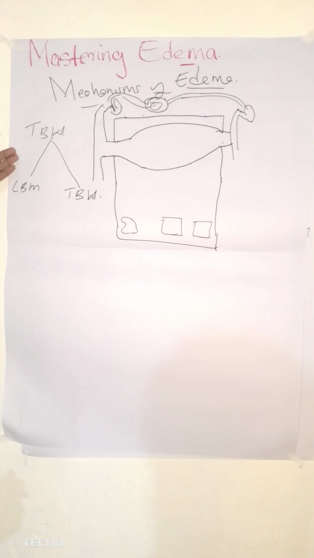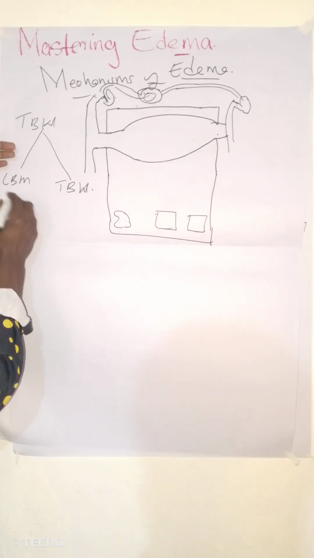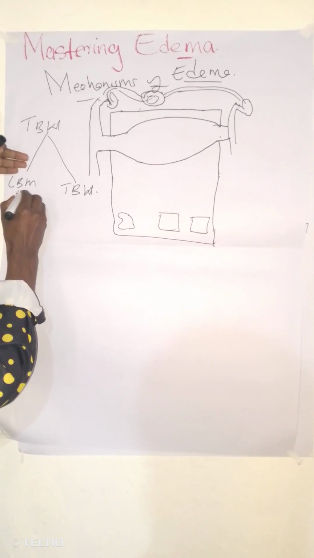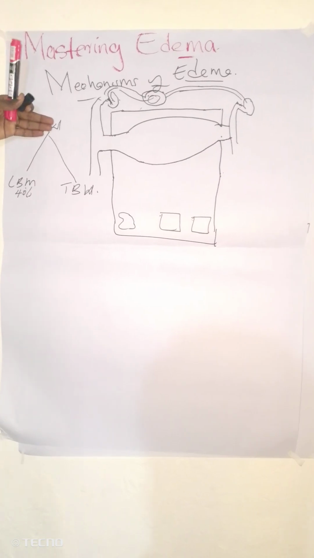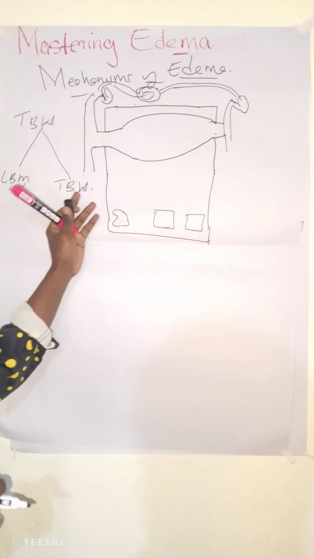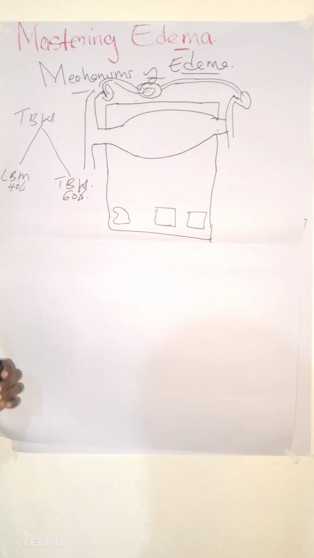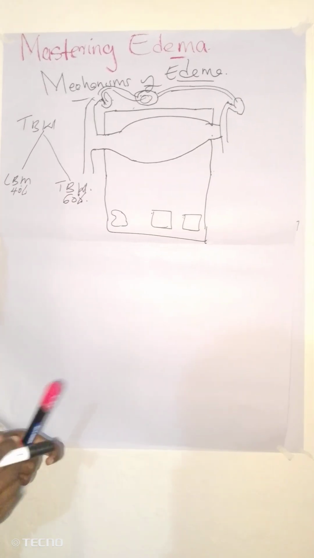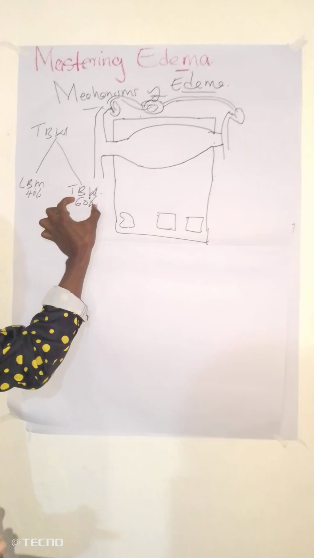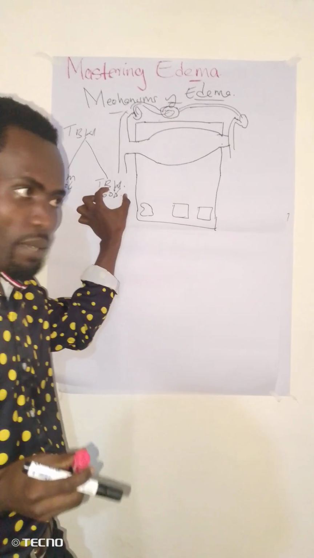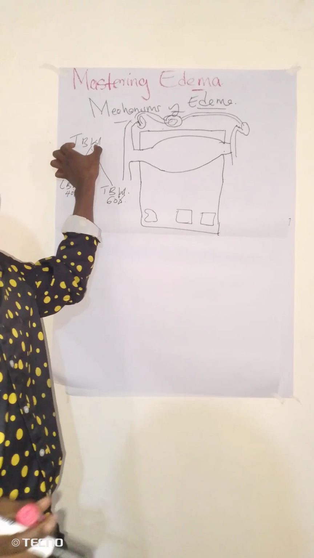The lean body mass, as we said in our first lecture, is always 40% of total body weight, and total body water is always 60% of total body weight. The amount of body water is determined by total body weight.